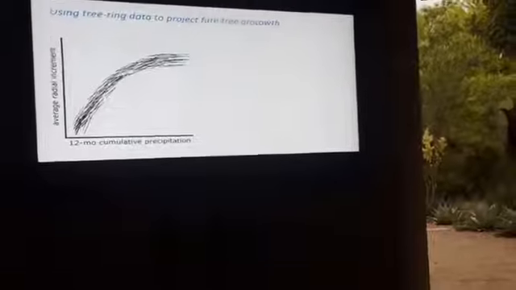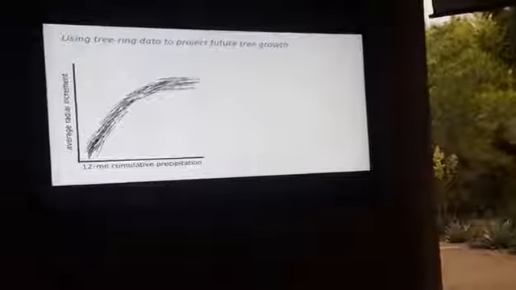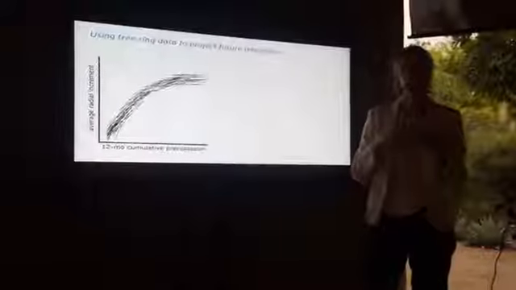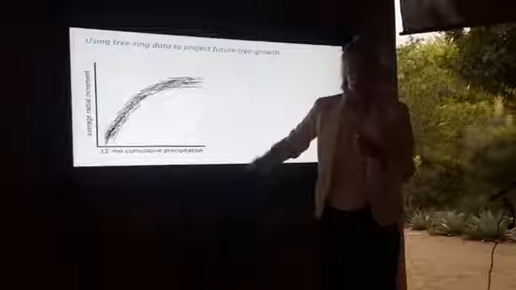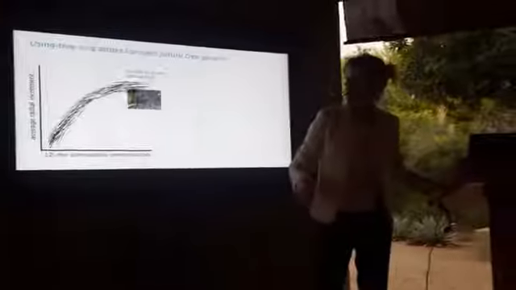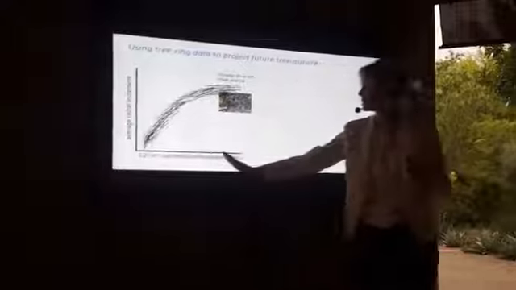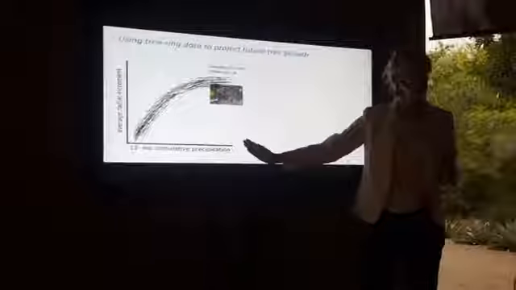So here's a conceptual model of what this statistical model is going to try to capture. Instead of just having a single line, every single tree ring time series gets its own line. It gets its own intercept and its own slope. And the idea here is that on this axis is mean annual precipitation.